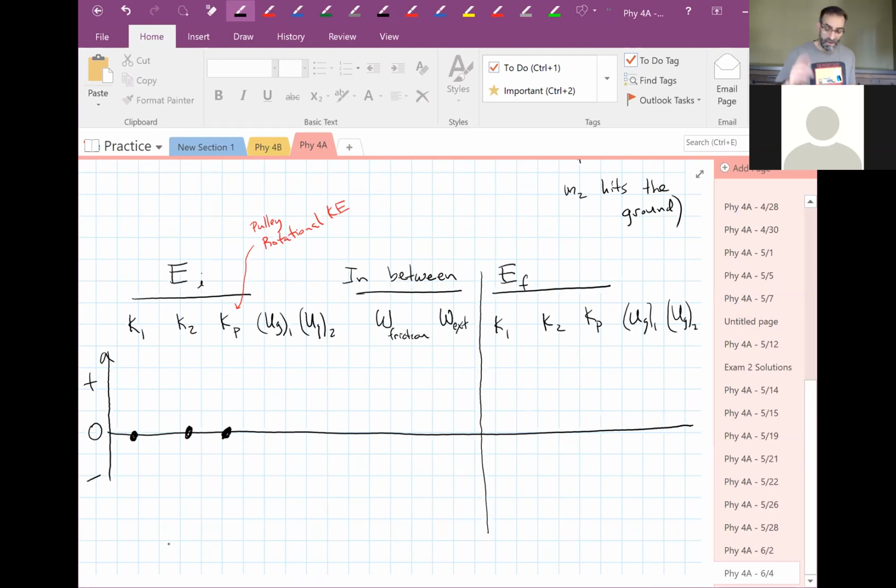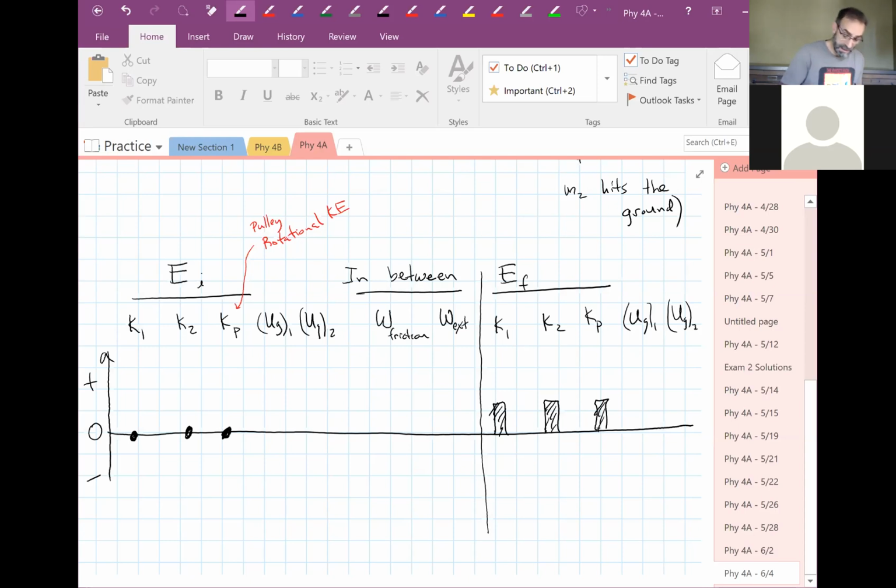Kinetic energy is always positive. So I've got a positive kinetic energy for 1, positive kinetic energy for 2, positive for the pulley. Does mass 1 go up or down from the beginning to the end? It goes up. So I'm going to pick the lowest point in my problem for mass 1 to be 0.